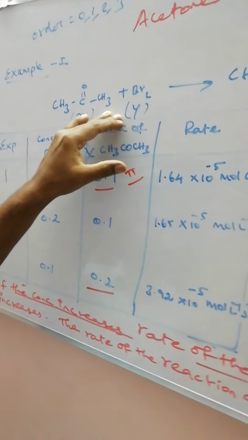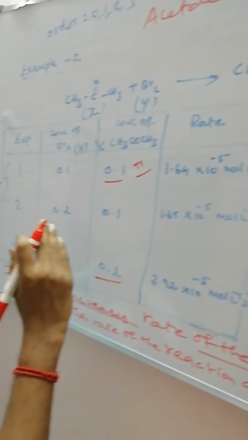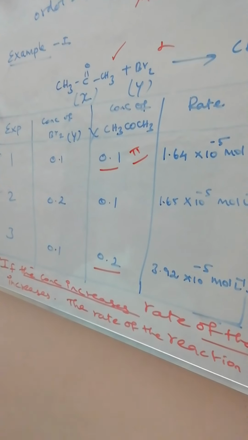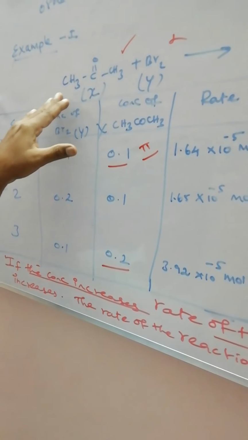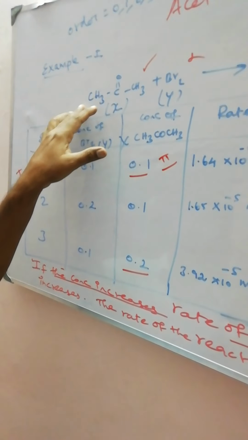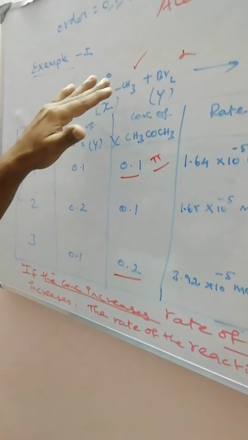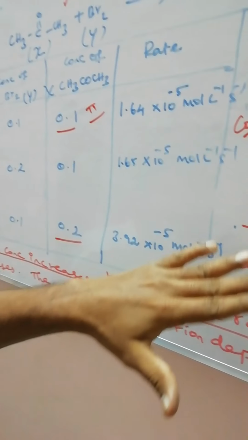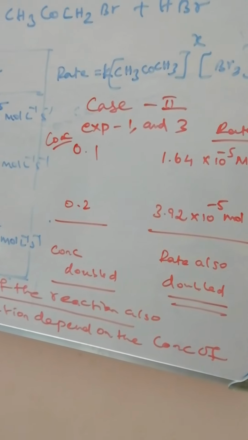Okay, so two things, X and Y, react to give this product, but the reaction rate increased only in the presence of this one and not this one. From this equation, stoichiometrically this is A, B, power 1, but in the stoichiometric case the order is 2, but that is not true. In the experimental case, we compare the values from the experiment.